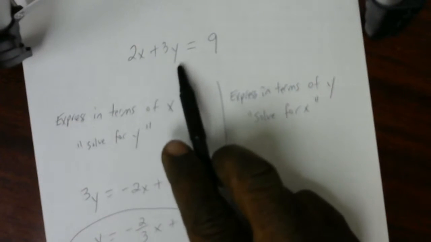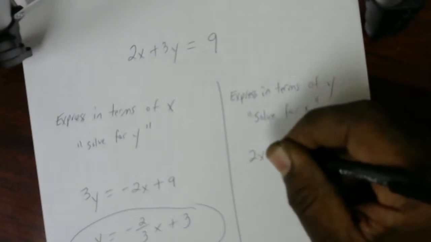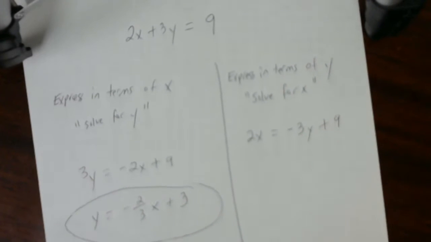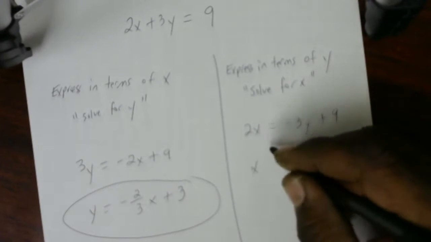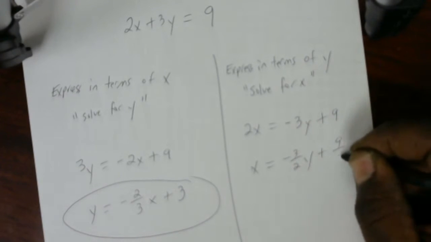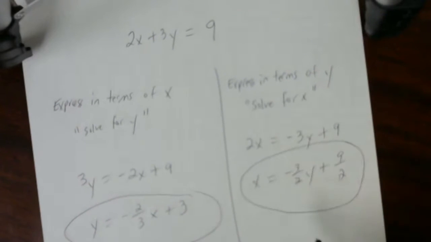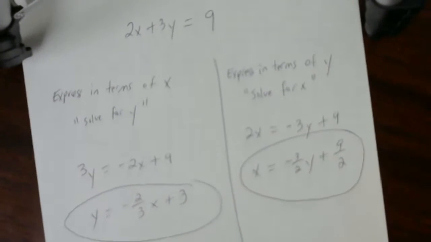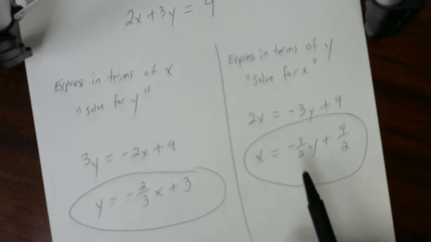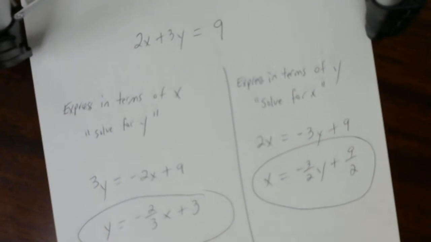So if I wanted to solve this for x, I would subtract 3y from both sides, and then I would divide by 2. And we have expressed this function in terms of y. All right, so this is what it means to express in terms of x, and this is what it means to express in terms of y.